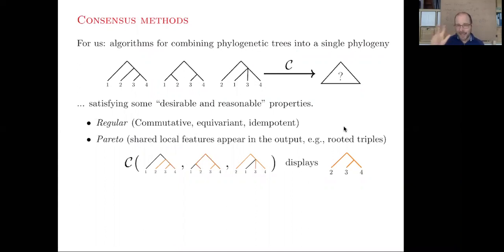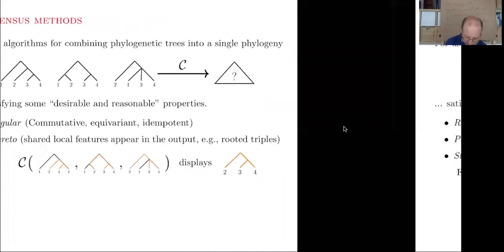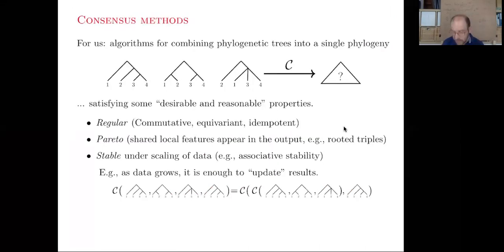The third and last kind of property is this kind of data scaling that I was mentioning before. One possible way to make this precise is what some people call associative stability. The idea is that I want to be able to just update my results and not redo the computation.